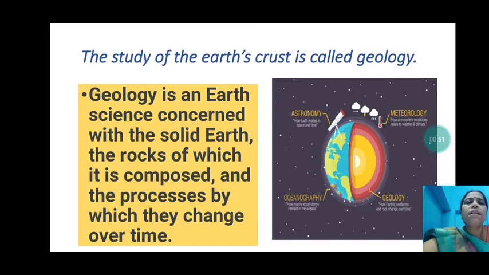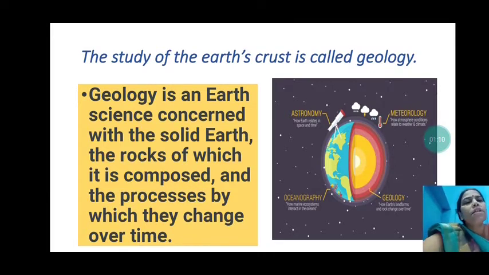Geology is an earth science concerned with the solid earth, the rocks of which it is composed, and the processes by which they change over time. So, geology is the science dealing with the earth, and we all know that the earth is solid in form.